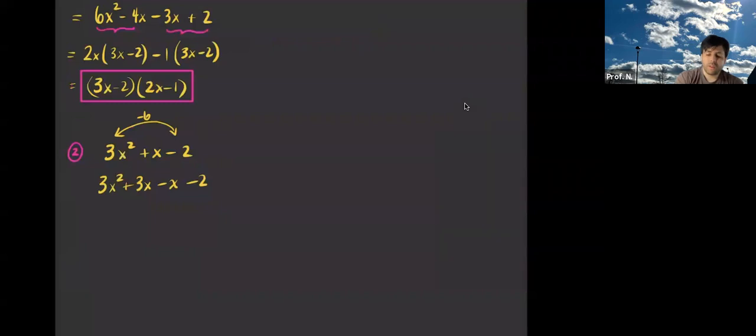Then factor by grouping. And this becomes 3x times x plus 1, minus 2 times x plus 1. Sorry, that's a -2, so this should be a -2 here. And then you get x plus 1 multiplied by 3x minus 2. So boom.